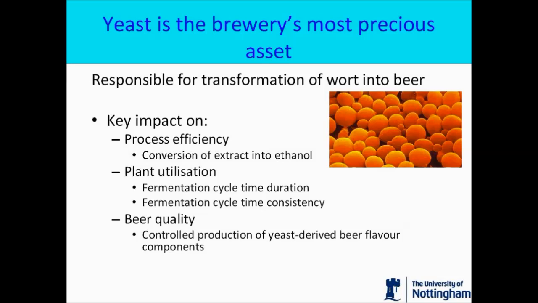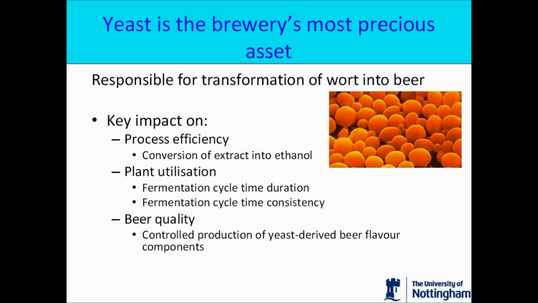So obviously it has got a key impact in terms of process efficiency, so that you want to convert clearly as much extract into beer as you can. It's got a really big role in terms of the way that the plant itself is used and the plant output.